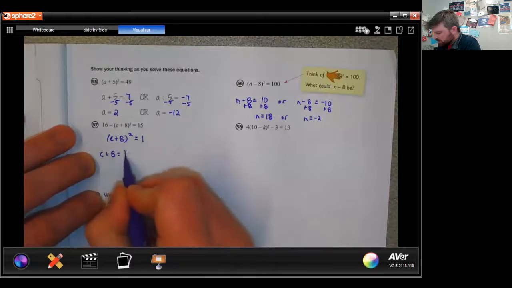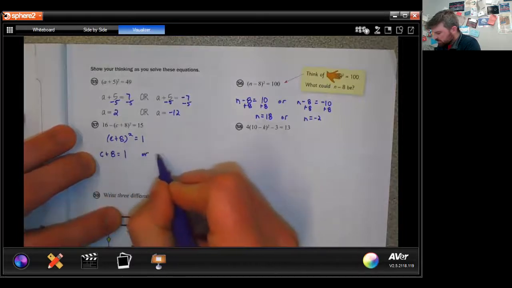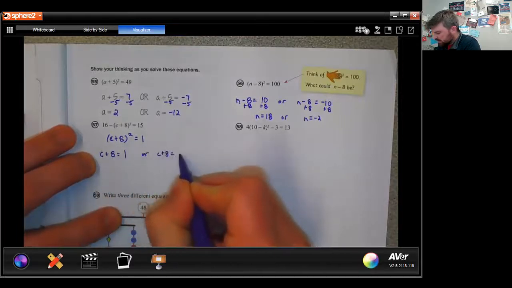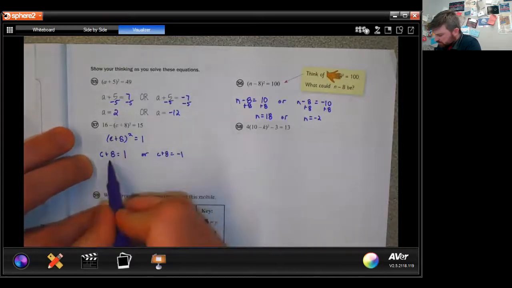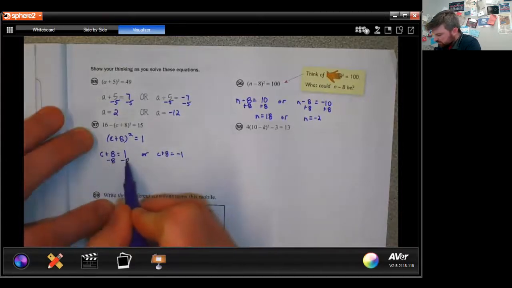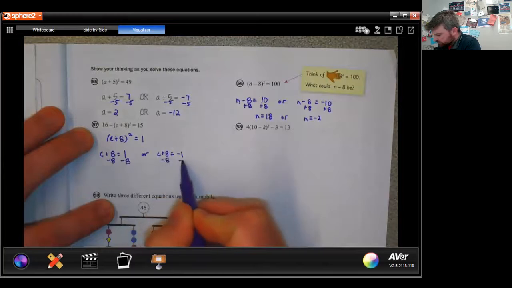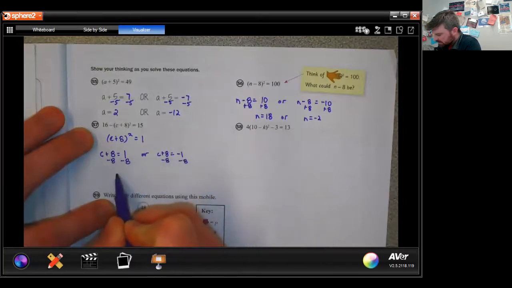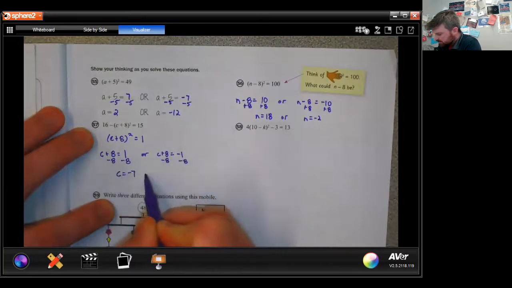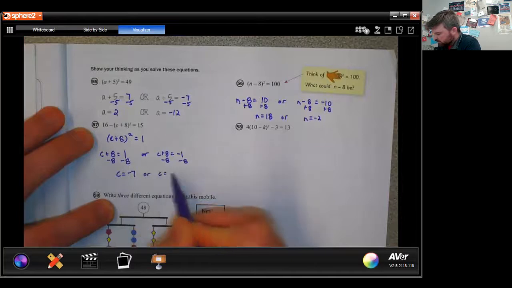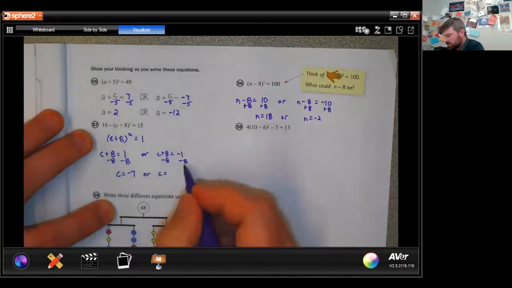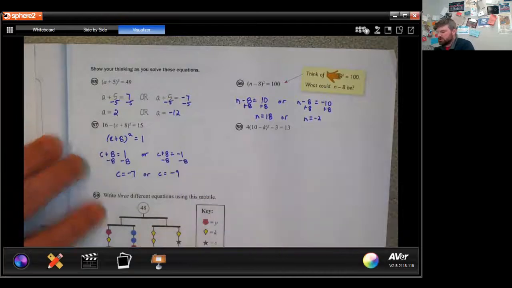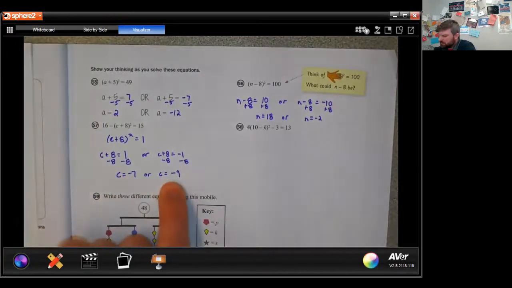So 1 squared is 1, or c plus 8 equals -1, because -1 times -1 is 1. So if I subtract 8, 1 minus 8 is -7, or c could also be -1 minus 8. Sorry, -1 minus 8 is -9. So c could be -7 or -9.